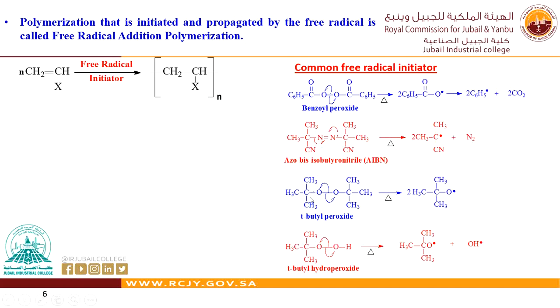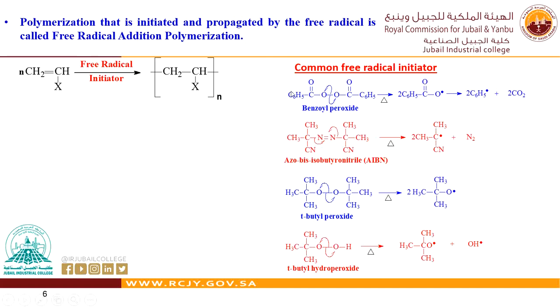And then we have tertiary peroxide, which behaves like benzoyl peroxide, in which the oxygen-oxygen bond is broken to give a free radical. And in the case of tertiary butyl hydroperoxide, it also breaks at the oxygen-oxygen bond to give a hydroxyl free radical and also another free radical. These are the most common free radical initiators.